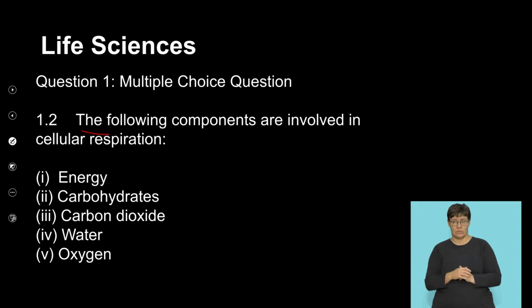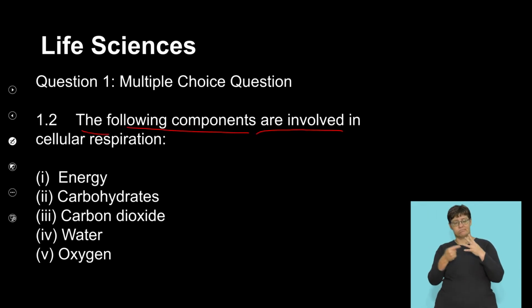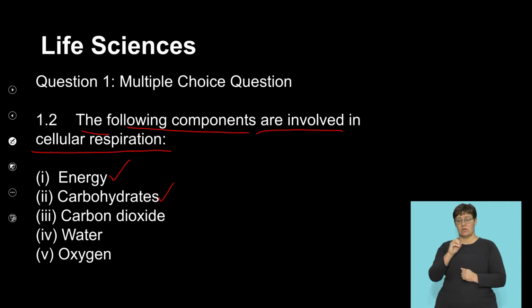The following components are involved in cellular respiration, and we know that energy is the product, carbohydrates are needed as the reactant, we know that carbon dioxide is a waste product, water is needed, as well as oxygen. So we're looking at various different components involved in this process.